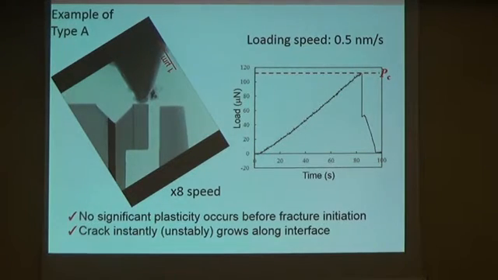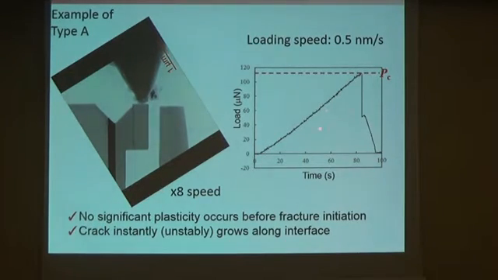What we can see from this chart is that although the horizontal axis is time, it could be viewed as a kind of displacement, because the other part of the specimen is very rigid compared to this cantilever portion.